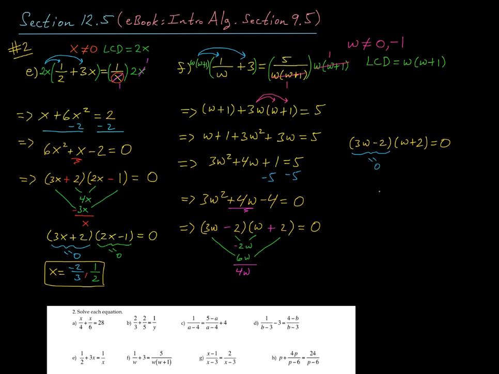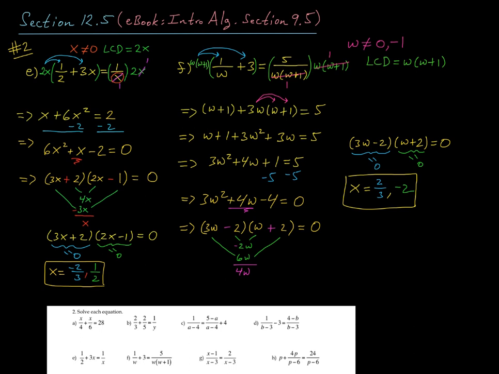So adding 2 and dividing by 3 would give us 2/3, and then here I'm going to get a negative 2 for w. And so there are the candidate solutions, and notice again these two numbers are not restricted, and so we keep them both. There's two solutions there to our equation.